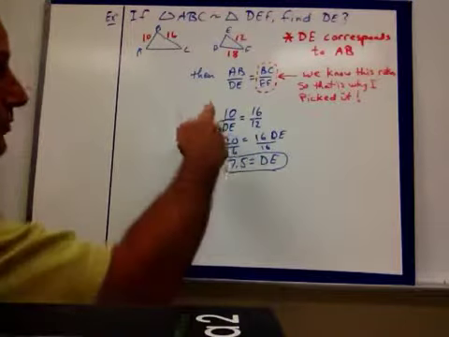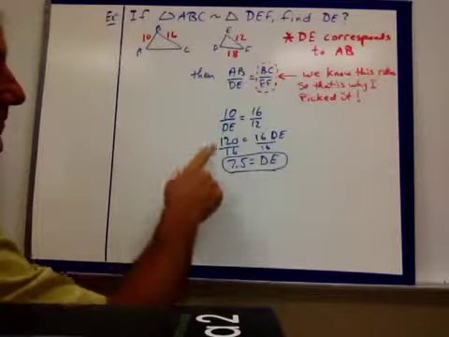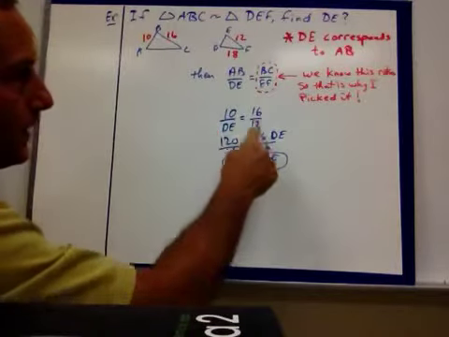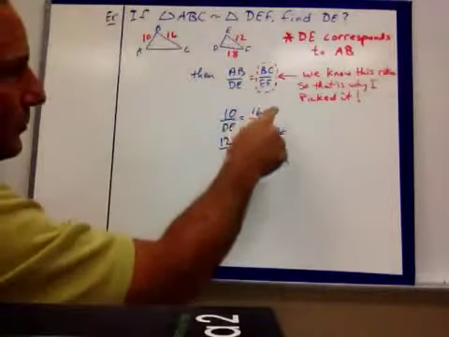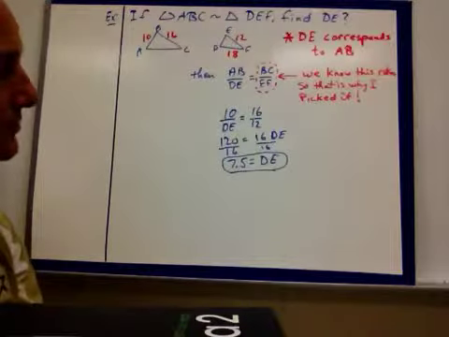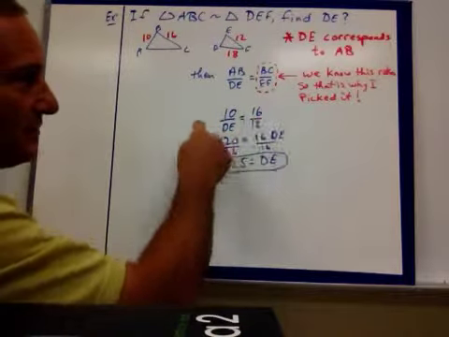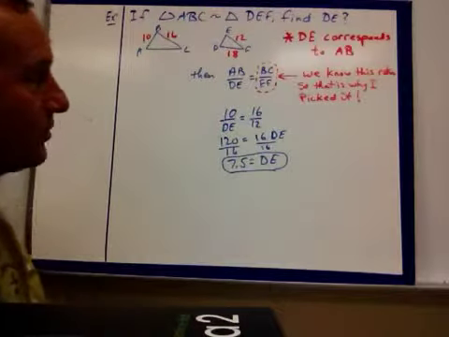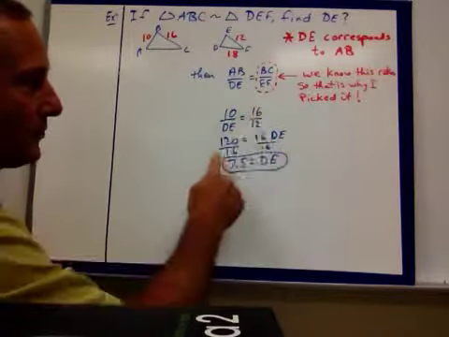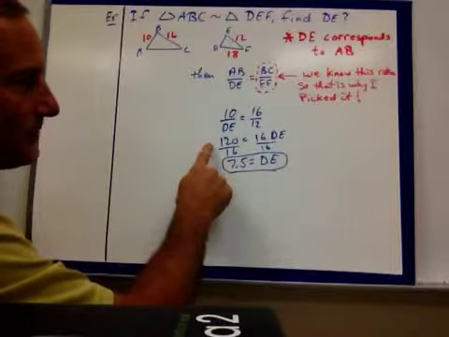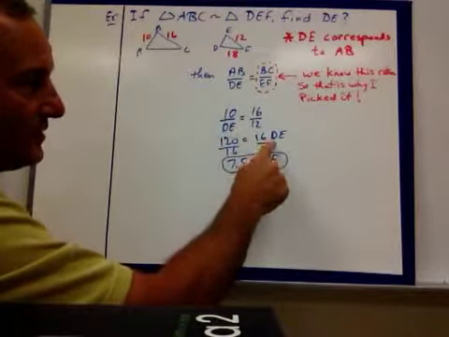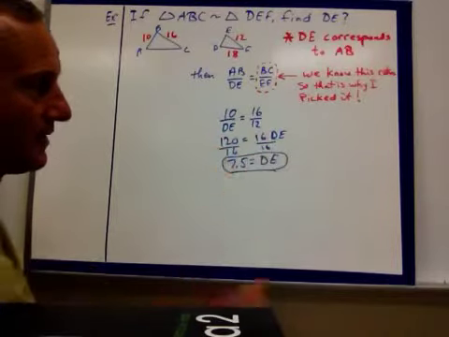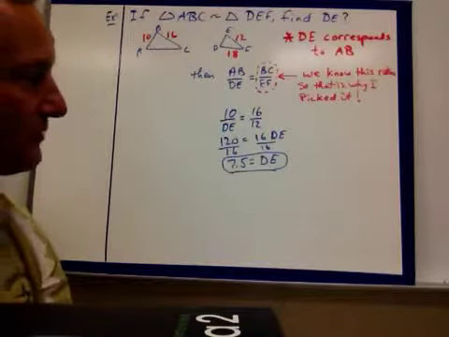So here I go. I plug in what I know. AB is 10. DE is what I'm looking for. I know that 16 over 12 fits in for that ratio. So once I get this, it's cross multiplying. It's a proportion, two equal fractions, what we did the other day. Cross multiply, 10 times 12 is 120. 16 times DE, you've got multiplication here, so divide out the 16, and it goes in there 7.5.